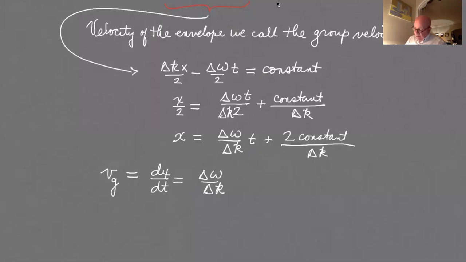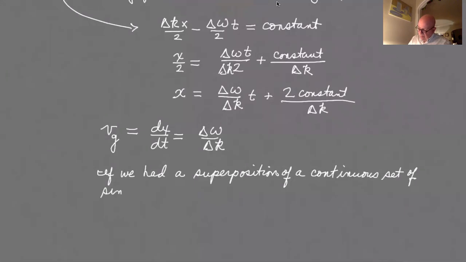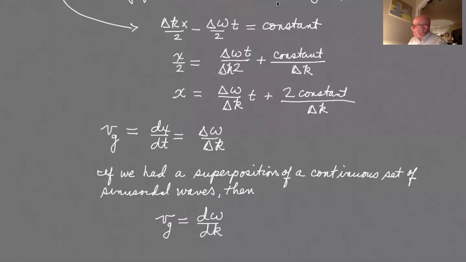And so if we had a superposition of a continuous set of sinusoidal waves, then the group velocity would be d omega dk.